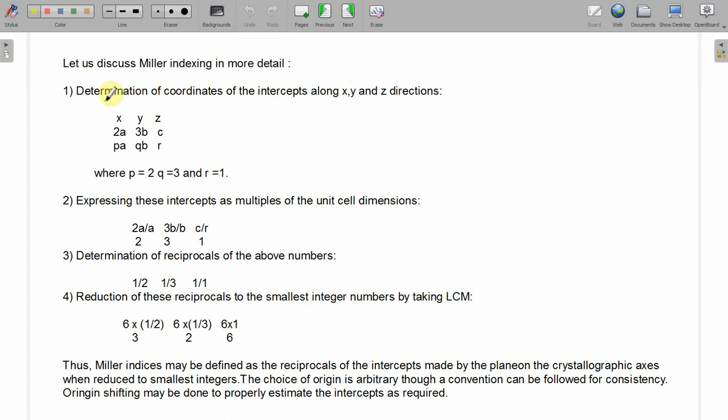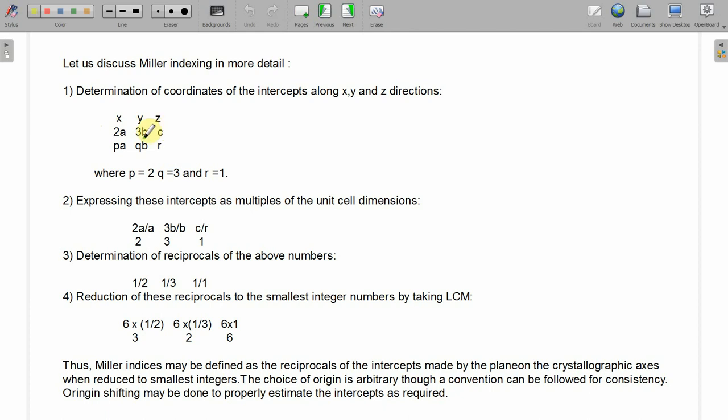Whatever steps are involved, I have explained this in a more detailed fashion here. Along the x, y and z directions, let us say a given plane makes intercepts 2 times the lattice parameter on the x direction, 3 times on the y direction and 1 time along the z direction. Then the intercepts are 2a, 3b and c.